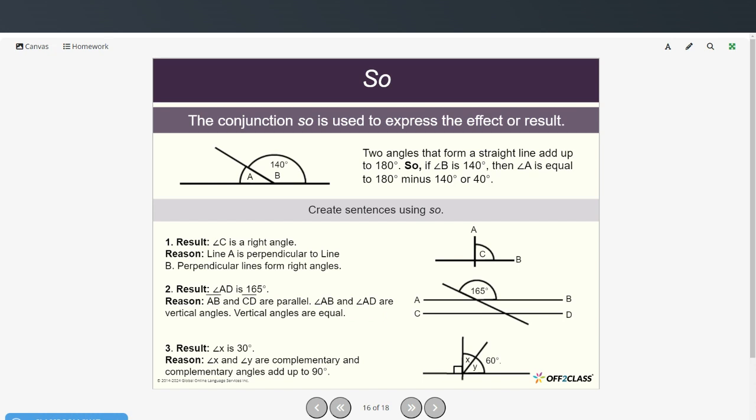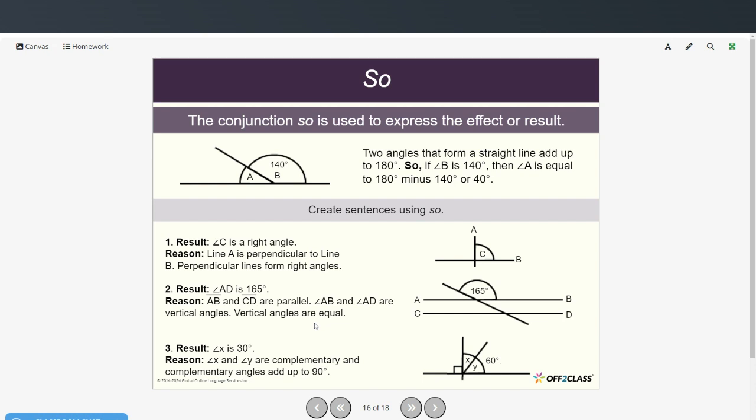Angle AD equals 165 degrees, so AB and CD are parallel because AB and AD are vertical angles, and vertical angles are equal.